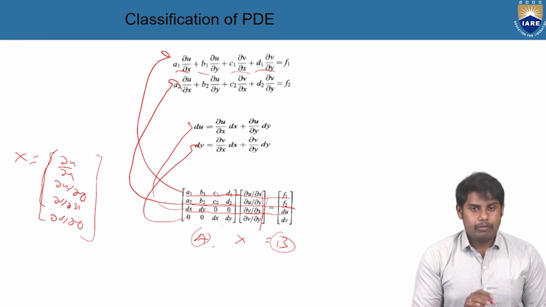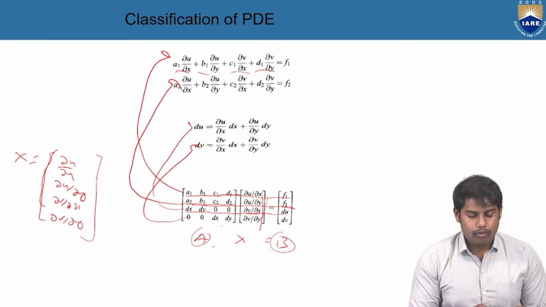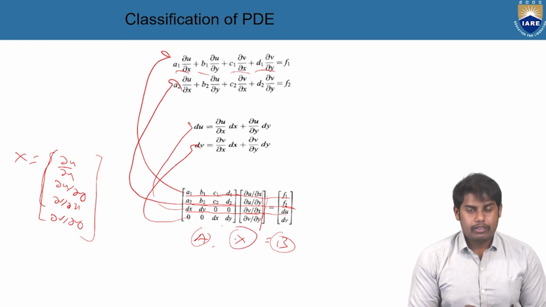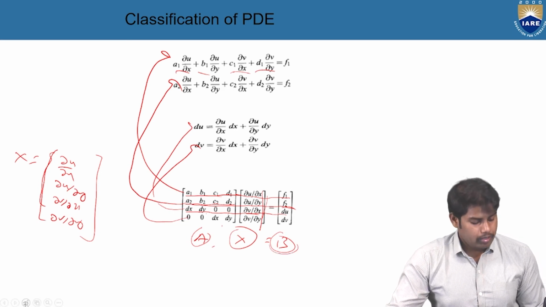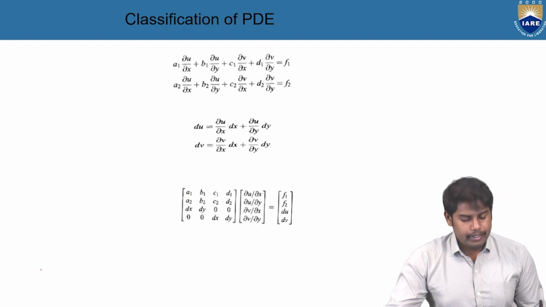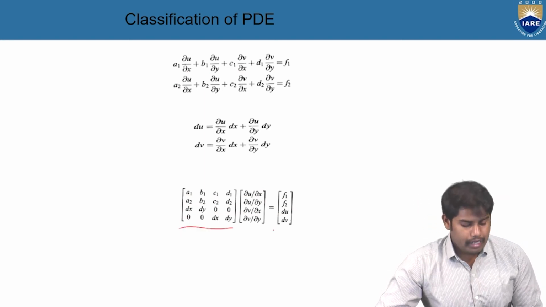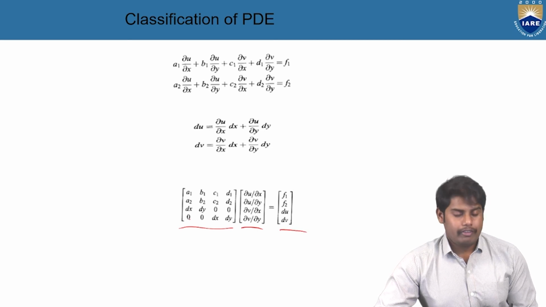This matrix form is written in terms of the coefficient matrix, the independent variable matrix, and the source terms. In entire CFD, whatever equations we have, we will arrange them in this matrix form and invert.